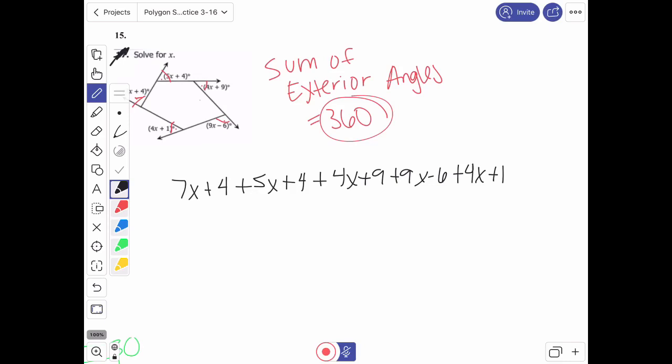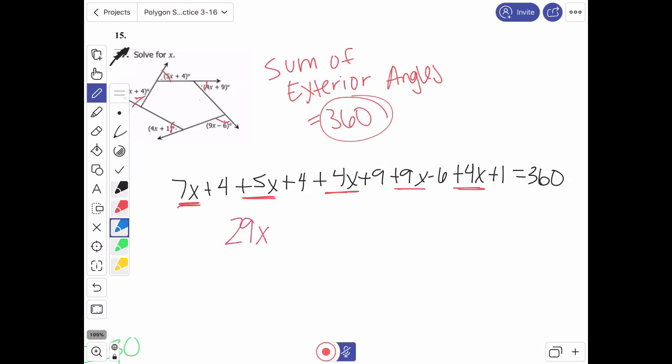Yep, okay. Those should all add up to 360. So I'm going to combine my like terms. Start with my x's. So 7x plus 5x plus 4x plus 9x plus 4x, and I get 29x.